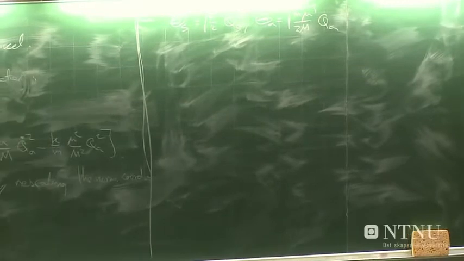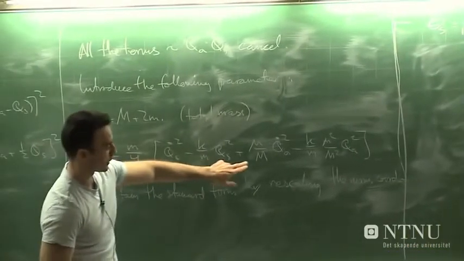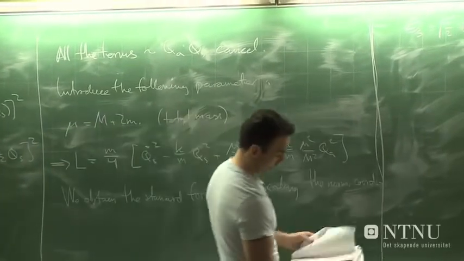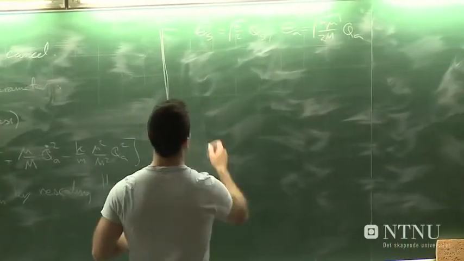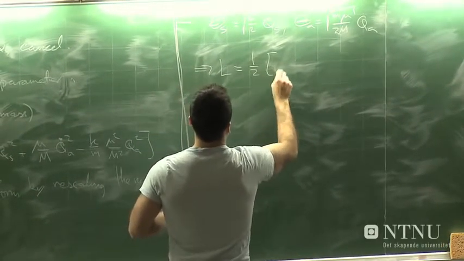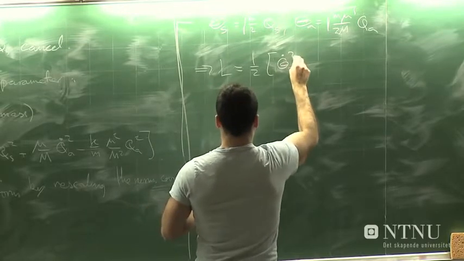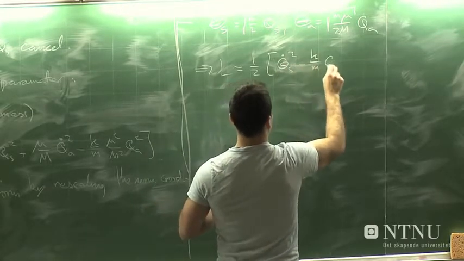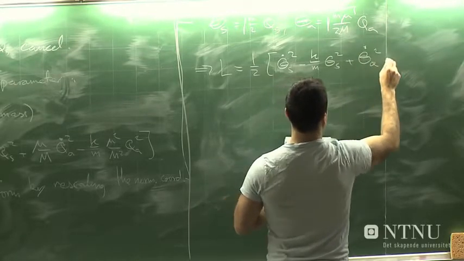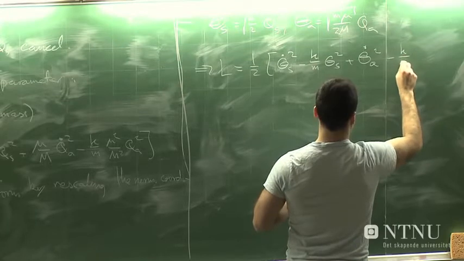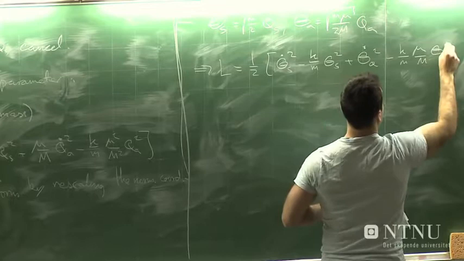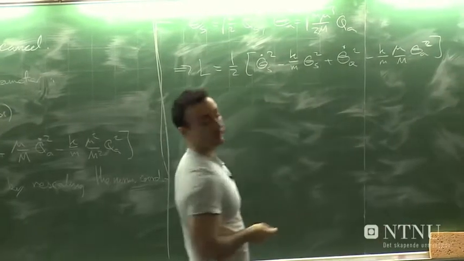So I'm just rescaling these normal coordinates qs and qa in the following way. Like this.